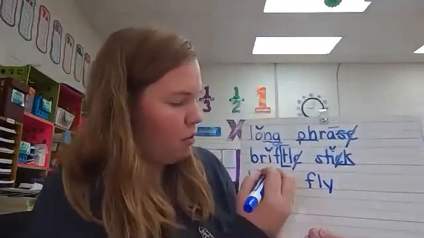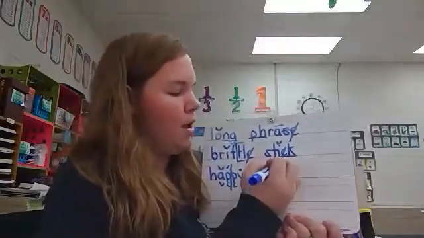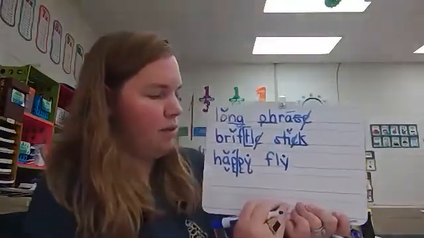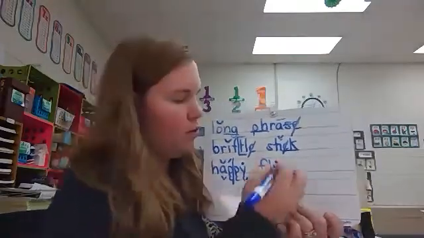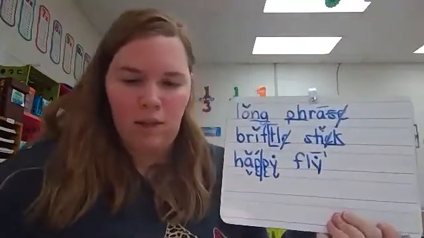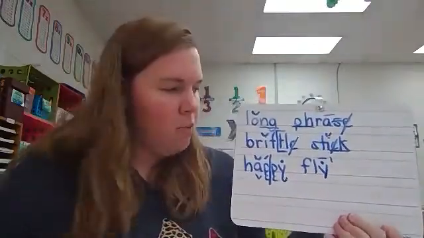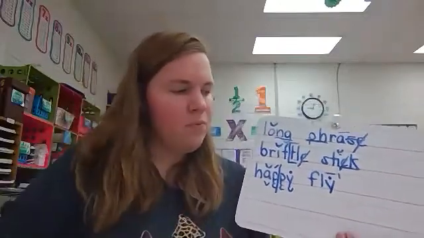The first syllable is accented. Now on fly, Y is again acting as a vowel, but this time it's making the long I sound. So we will add a macron, and since it is a one-syllable word, we will also put our accent mark. Okay?